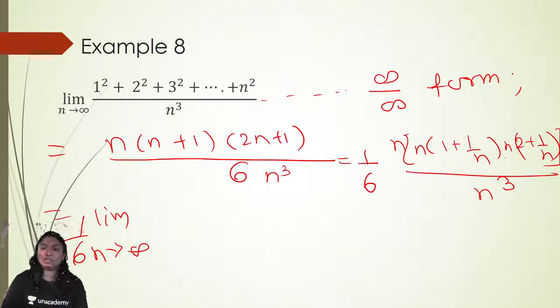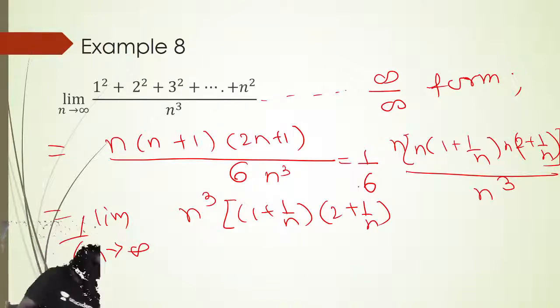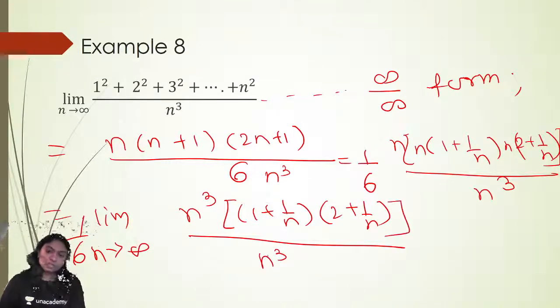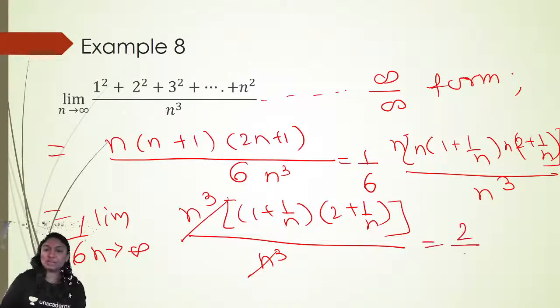So n into n into n means n cube, into the bracket 1 plus 1 by n into 2 plus 1 by n, upon n cube. So this n cube will get cancelled out. Now put limit as n tending to infinity: 1 upon infinity is 0, again 1 upon infinity is 0, and 1 into 2 you will get 2. So 2 by 6, it means 1 by 3.